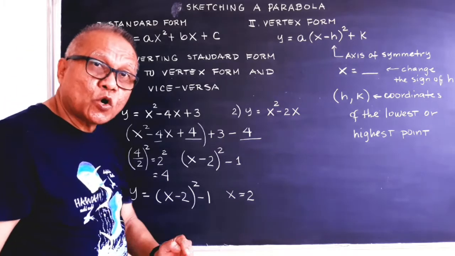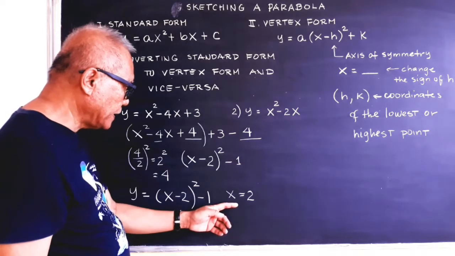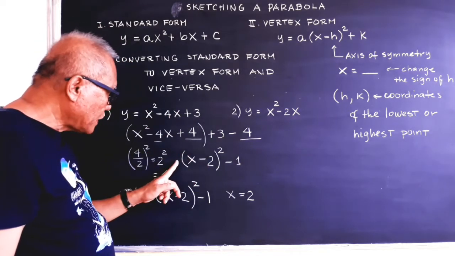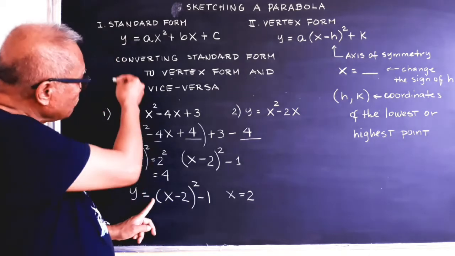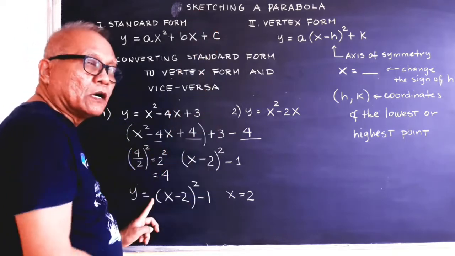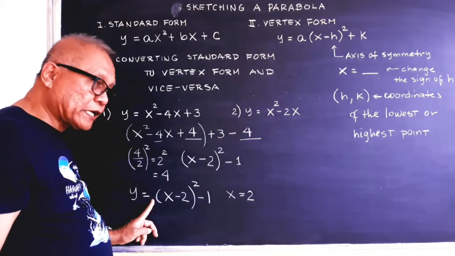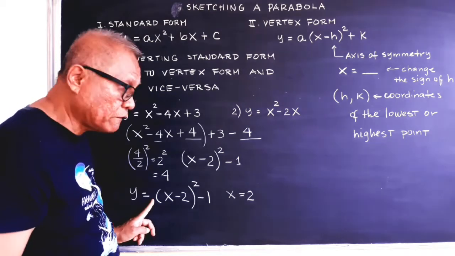What about the coordinates of the lowest point? By the way, if this one is our parabola, what is our a here? It's positive. If it is positive, it is opening upward. The parabola opens upward if this numerical coefficient a is positive.